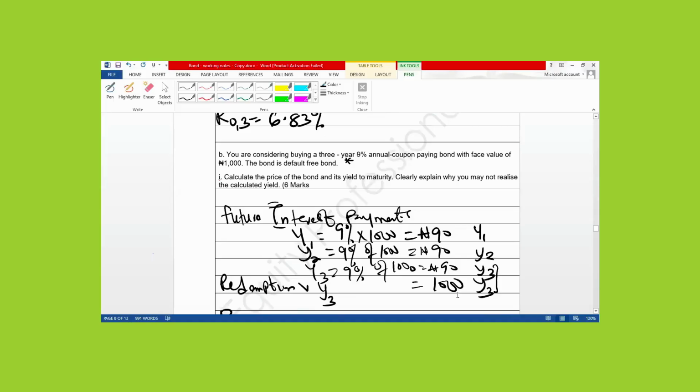Today the bond is purchased for 1,060, and in 3 years' time, the bond value will be 1,000. So the question is, assuming there is no change in interest rates, we expect the price of the bond to fall or increase or remain unchanged. For 1,060 naira today to be 1,000 naira in 3 years, that price should fall.